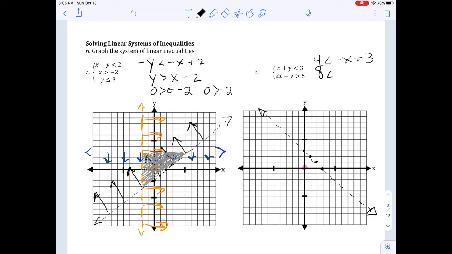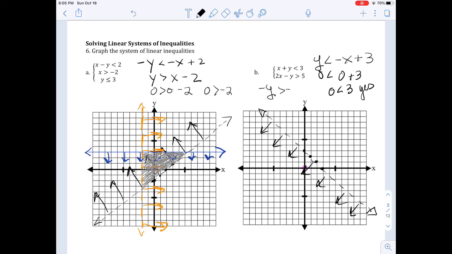So I'm going to test 0 less than 0 plus 3, is 0 less than 3. And yes, it is. 0 is less than 3, which means that all of the other points that represent solutions fall on that side of the line.